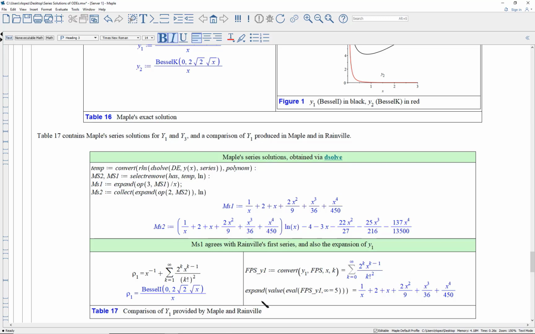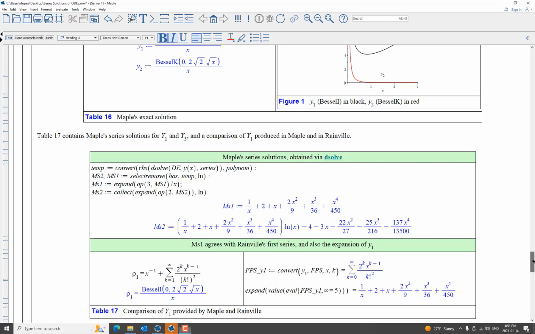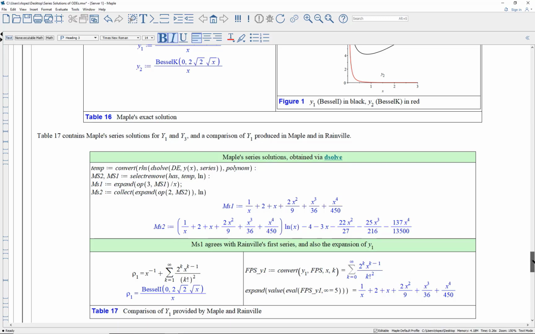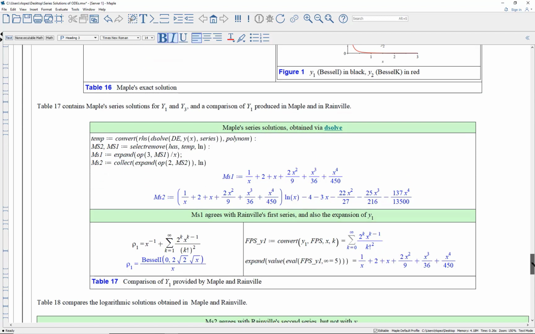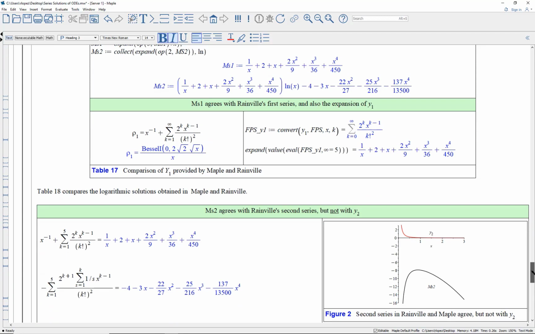So I'm happy with that. If I take Maple's y1, which is the Bessel function, and convert it to a formal power series, I get this. And if I express this as a truncated series, I get these terms, which also appear here, just the way they're supposed to. Okay, so table 17 says for the y1 solution, Rainville and Maple agree.